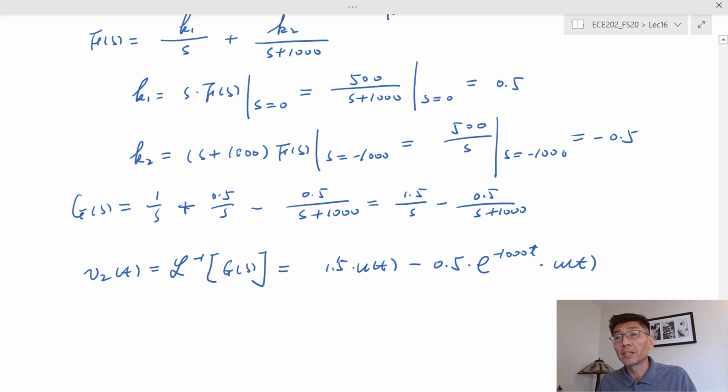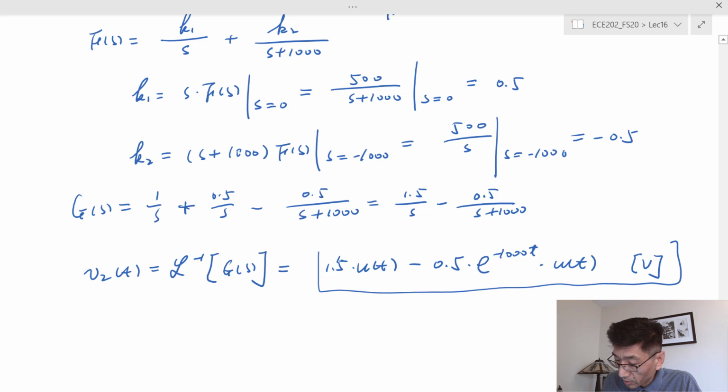And remember the time constant: it's e to the power of minus t over tau. So 1 over tau is equal to 1000. That means the time constant is 1 millisecond. So this is the step response.